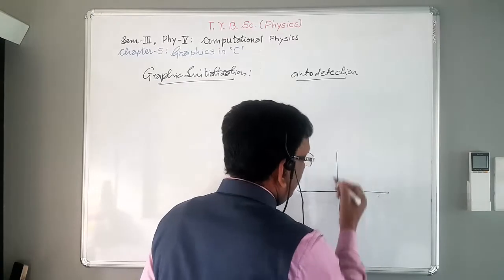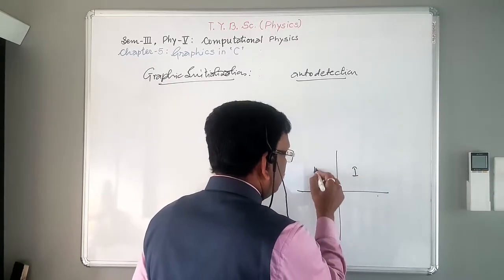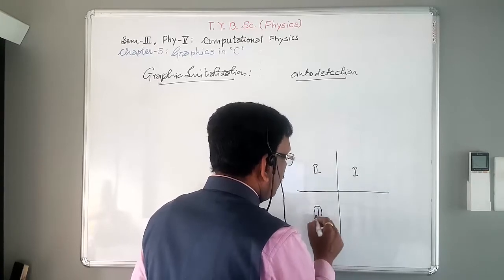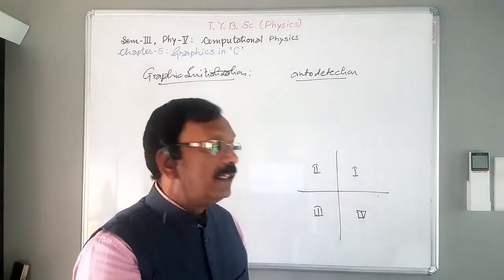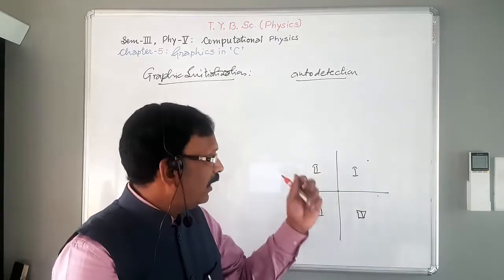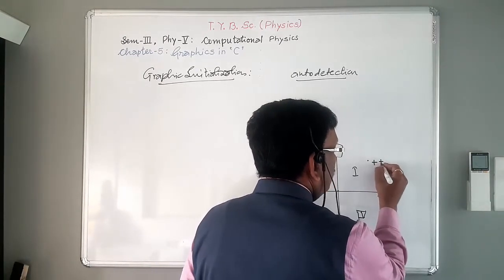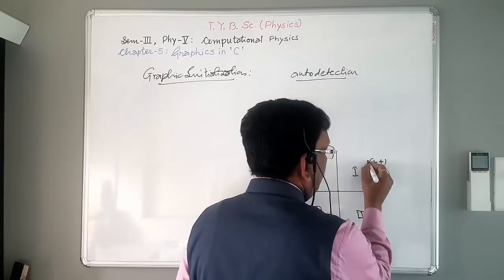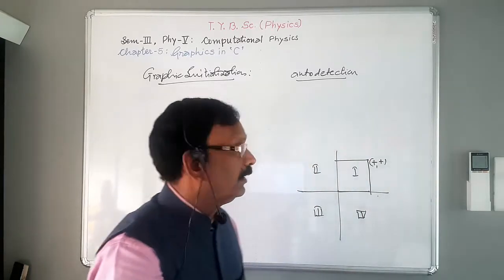This is the x-axis, this is the y-axis, and this is the first quadrant, this is the second quadrant, this is the third quadrant, and this is the fourth quadrant. In the first quadrant, if we consider any single point, then the sign convention is plus plus, both the x coordinate and y coordinate having positive sign.